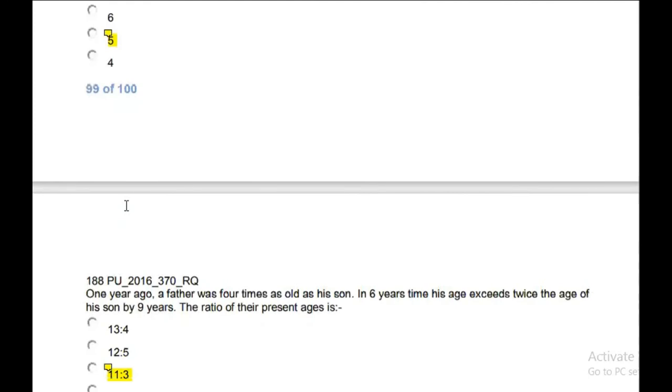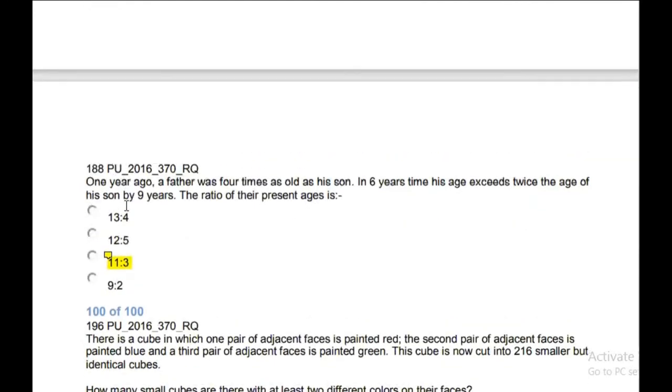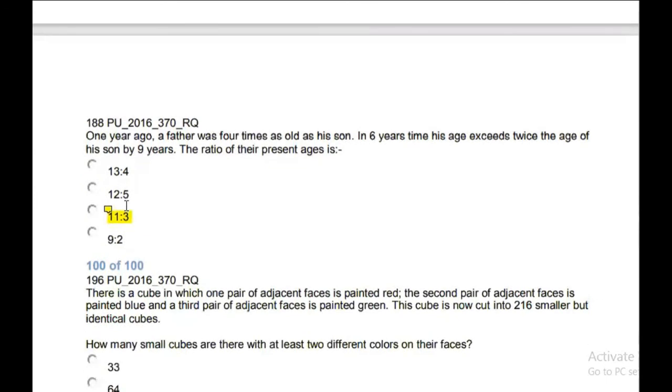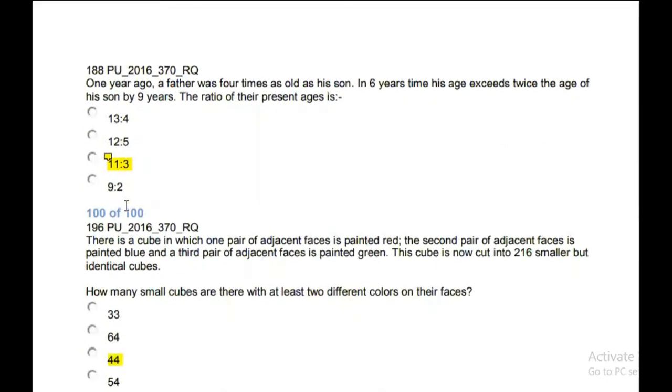And the next question, question number 99. 1 year ago, a father was 4 times as old as his son. In 6 years time, his age exceeds twice the age of his son by 9 years.